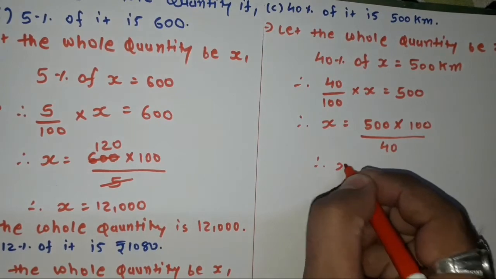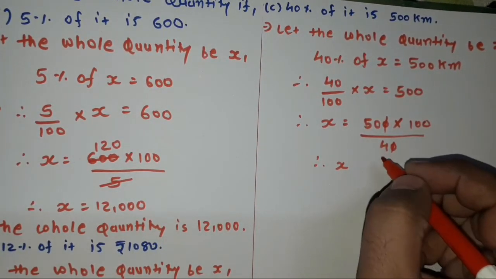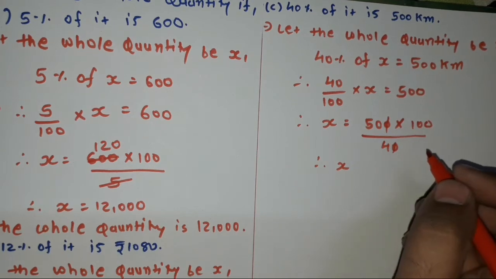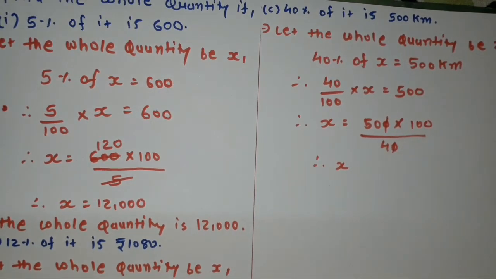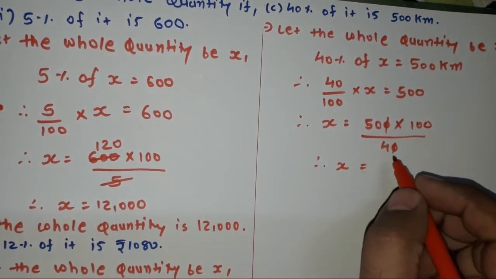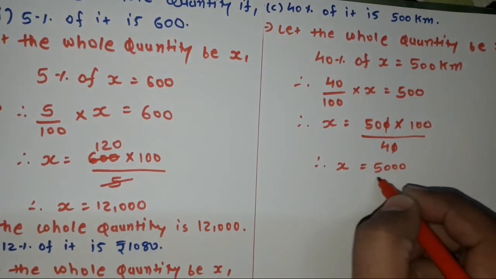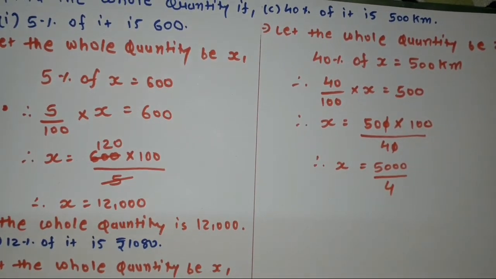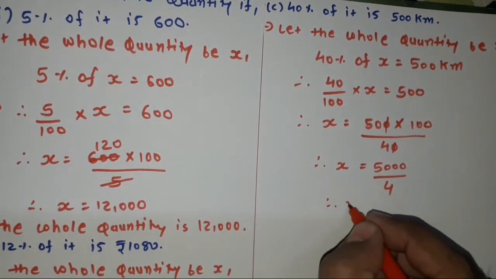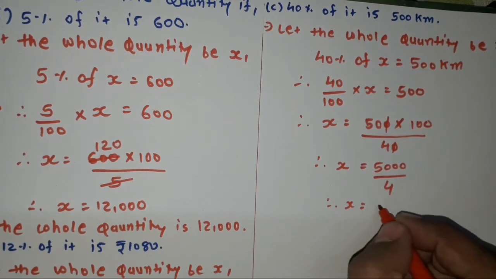So therefore x is equal to, this 0 will be cancelled, 50 upon 4. You can also do this method: 50 multiplied by 100, so here you will get 5000 upon 4. Now it will be easy for us. When we solve this, we'll get 1250.